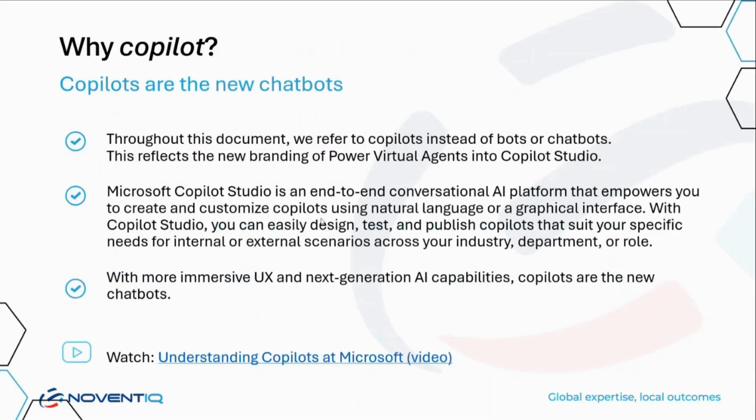We already know why we don't call chatbots chatbots anymore. Either we call them copilots or we call them agents. And Copilot Studio was renamed from Power Virtual Agents. So it does belong in the Power Platform suite of products, right? So you'll find a tight integration of Power Platform into Copilot Studio.